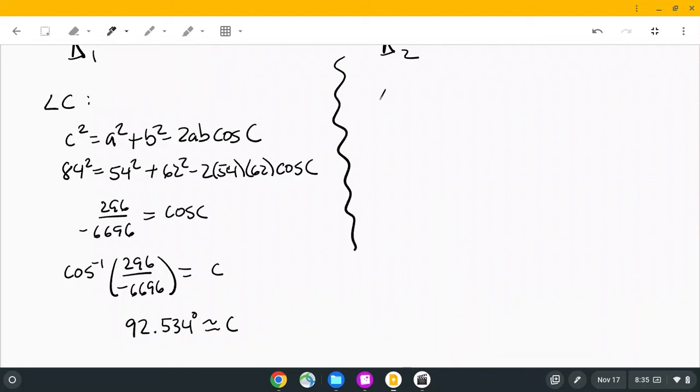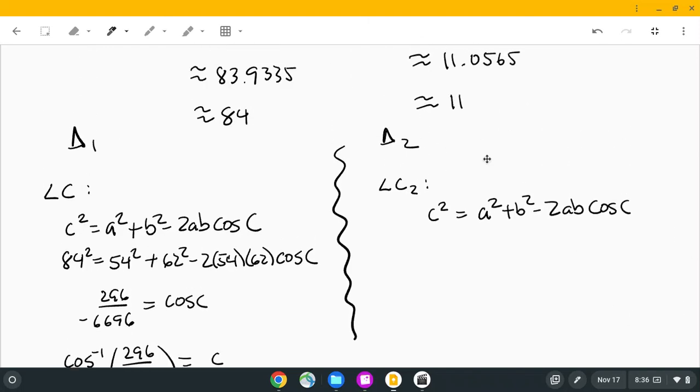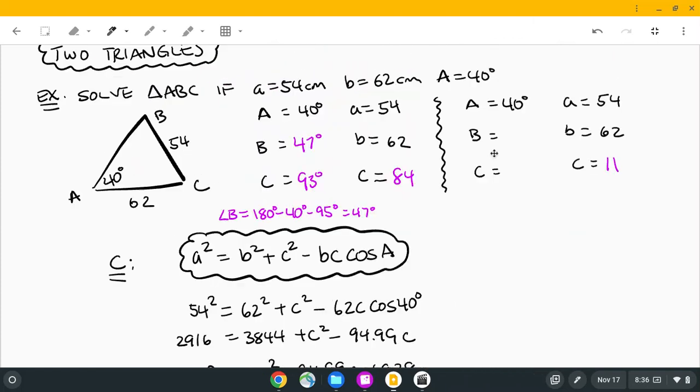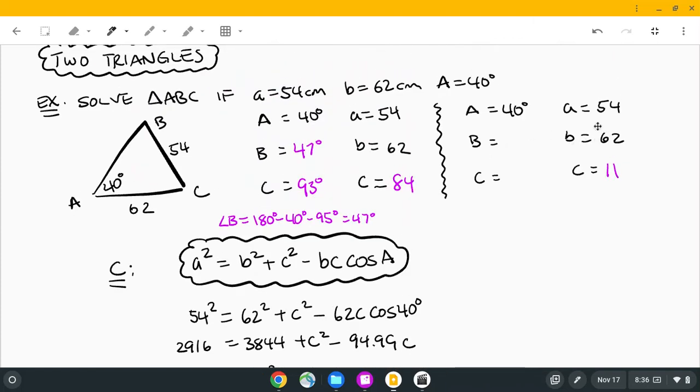But this is the second angle C, so when I'm solving for this angle, I have to use the numbers I have here.